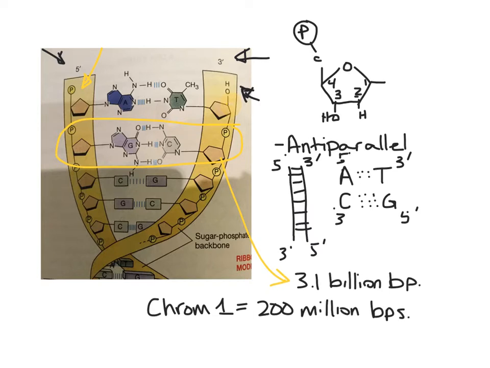So when you consider the human genome and how much work time it took for them to code all of the human genome, the 3.1 billion base pairs, with the supercomputers at the time, they did a phenomenal job.